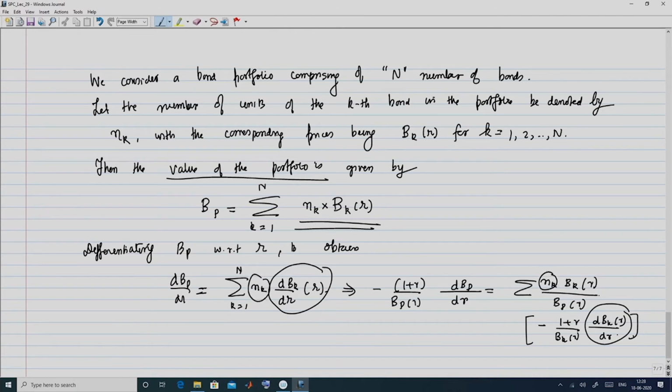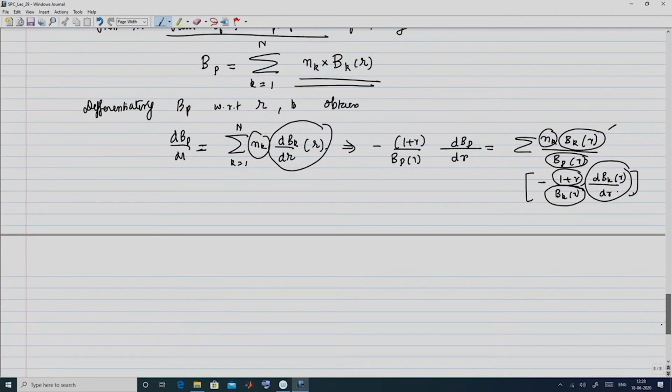We multiply both sides by minus of 1 plus r divided by bp of r, and we have this term bk of r on the numerator, which can cancel out with the bk of r in the denominator. So, I have just added these two terms, so that I can get the duration on the right hand side. So, this will give me that.